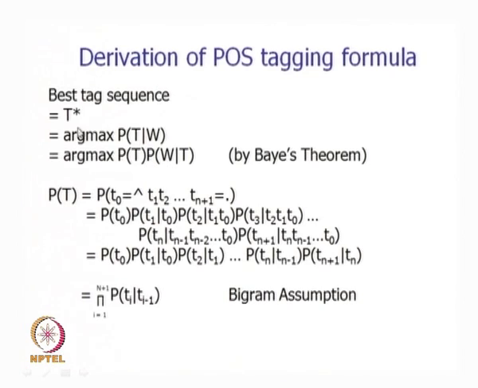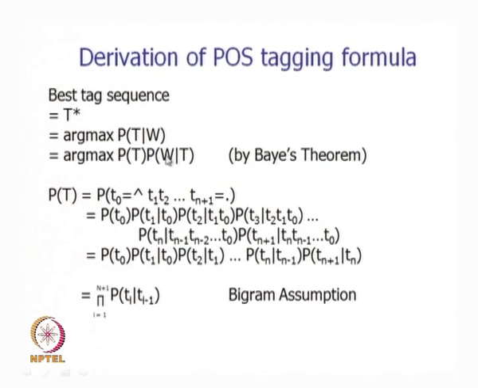Now, in this case the part of speech tag is determined through a generative approach. P T given W is converted to P T, the prior probability of the tag sequence, into P W given T, the likelihood probability of the word sequence given the tag sequence.